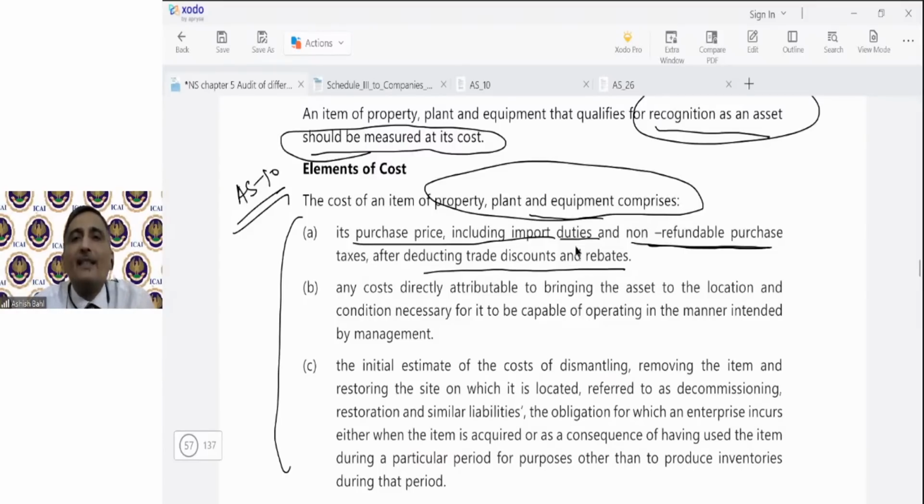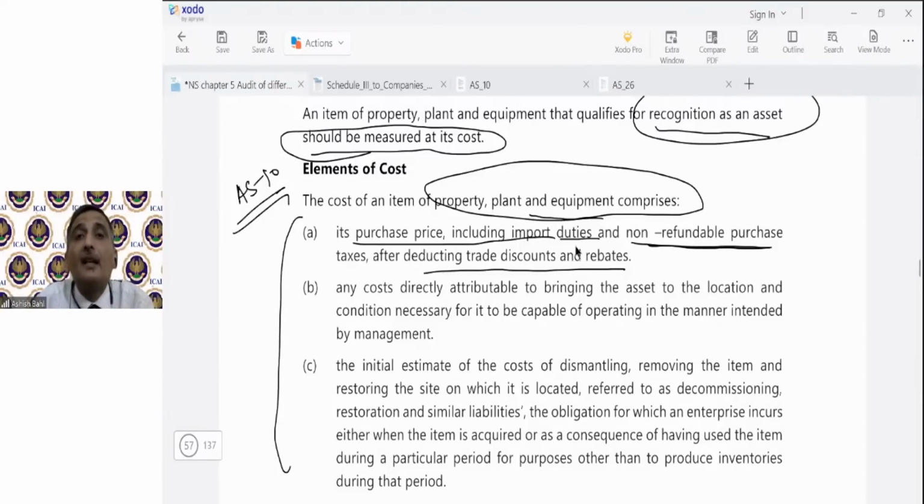जैसे कि मैंने आपको एग्जांपल दिया था कि एक कंपनी ने say imported machinery from China. So obviously some custom duty, some import duty would be paid when the machinery is received at the port of India, and this duty, import duty, which is levied by the customs, this also forms part of the cost of that machine.